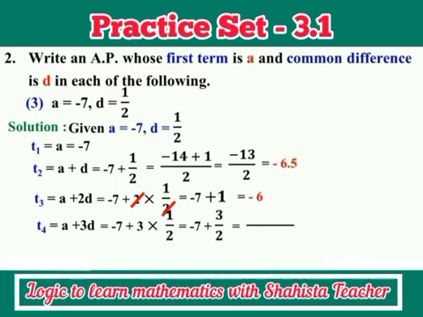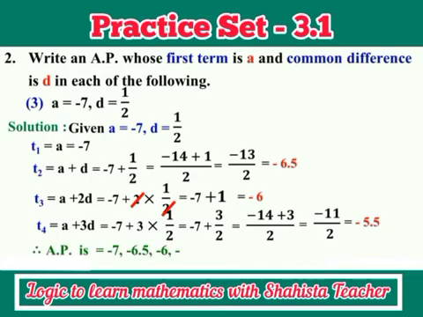So minus 14 plus 3 upon 2, that is minus 11 upon 2. After dividing we get minus 5.5. The arithmetic progression is minus 7, minus 6.5, minus 6, minus 5.5 and so on. Is that clear, my dear students?